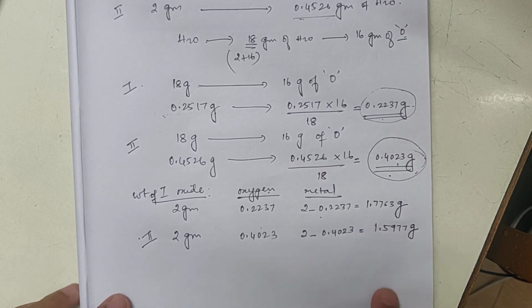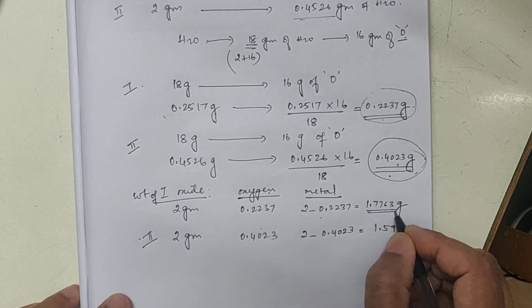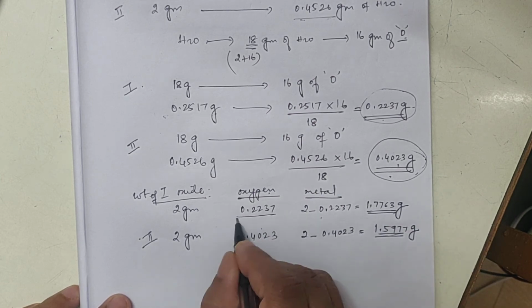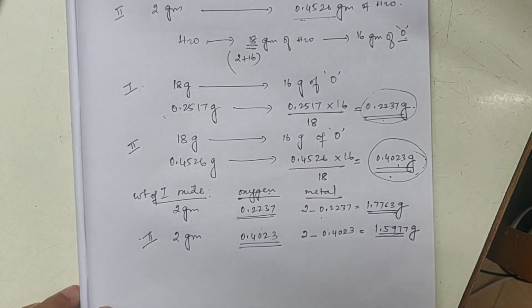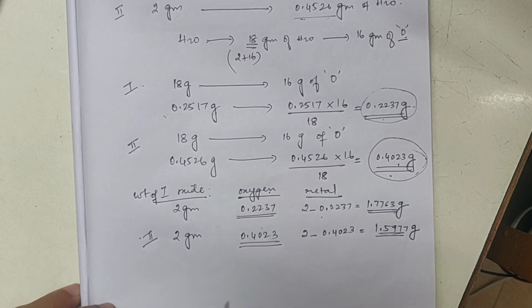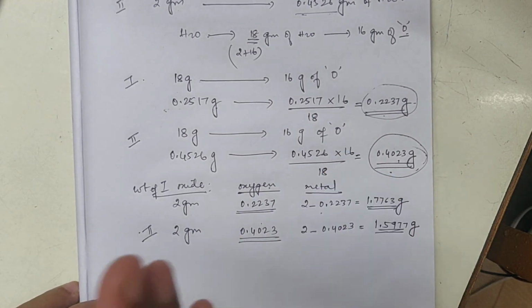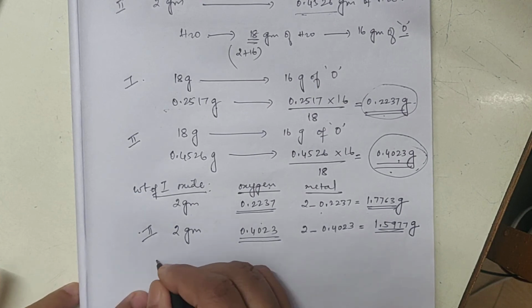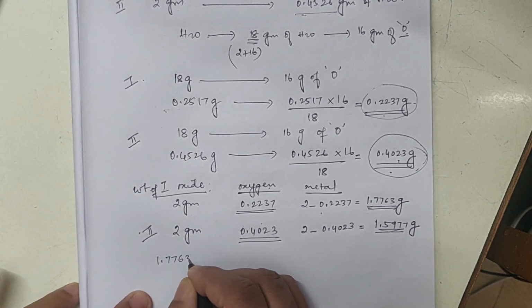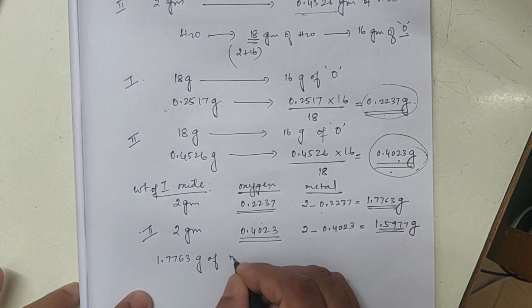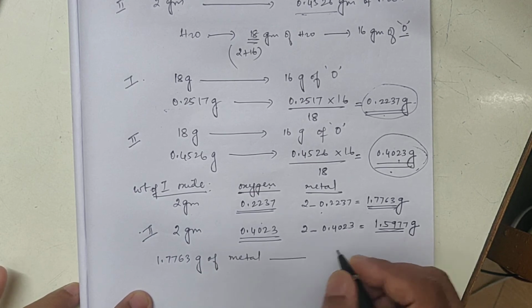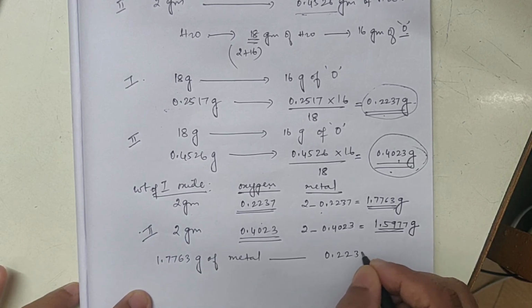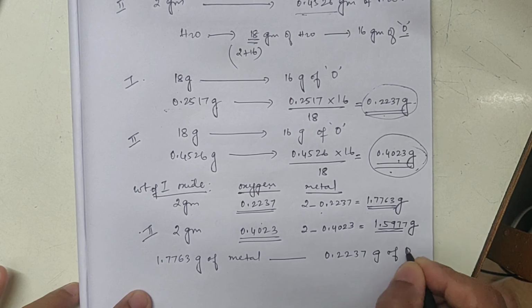Okay. Now again what you have to do? This is that of metal and this is of oxygen. So you have to standardize with respect to 1 gram. Either you take in terms of metal or you take in terms of oxygen. Anything is okay. So if you take that 1.7763 gram of metal, it reacts with 0.2237 gram of oxygen.